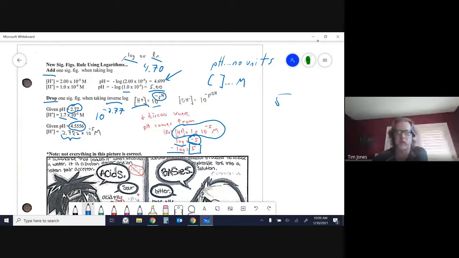In other words, pH is 5, as opposed to writing the hydrogen ion concentration is 1 times 10 to the negative 5 molarity. They both say the exact same thing. A pH of 5 and a hydrogen ion concentration of 10 to the negative 5 molarity are the exact same thing. This is just a shorthand version.